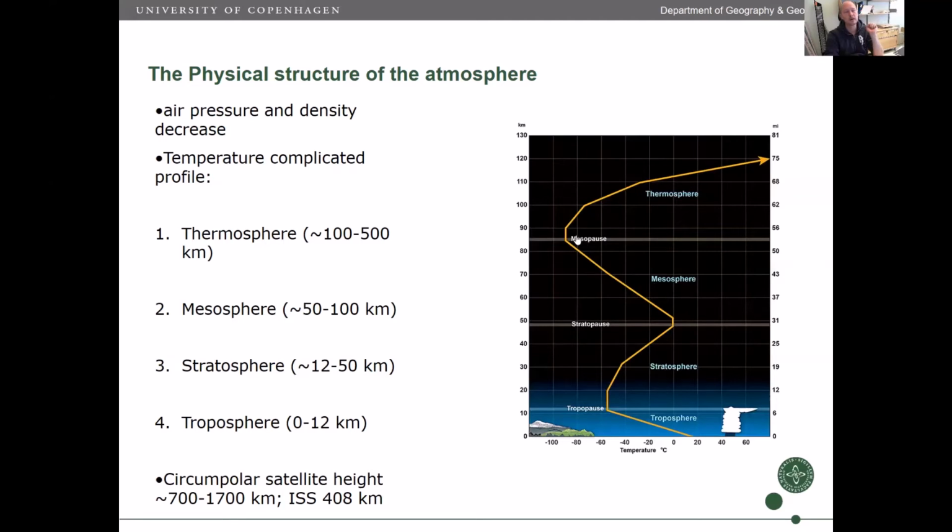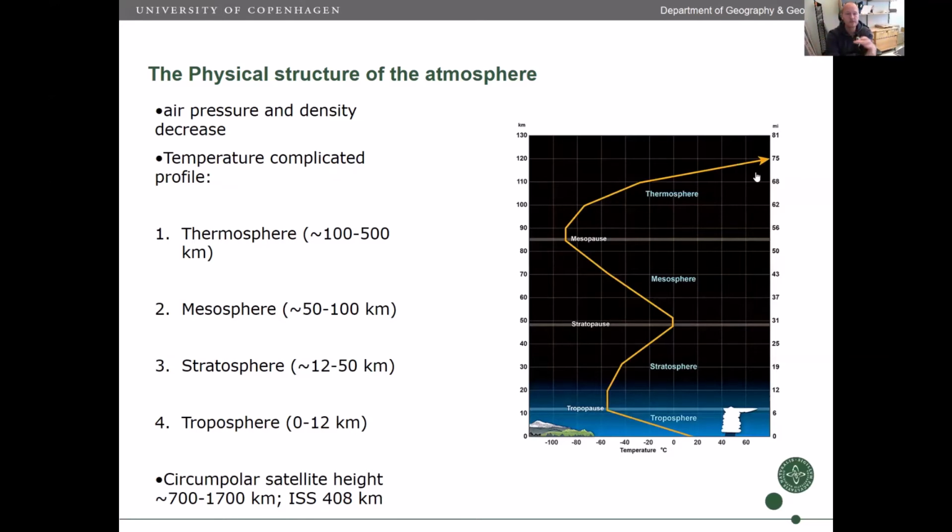Finally, up in the thermosphere, we are very close to space, and here there are extremely few molecules, but the molecules that are there get highly energetic because of solar storms and incoming energy from the sun.